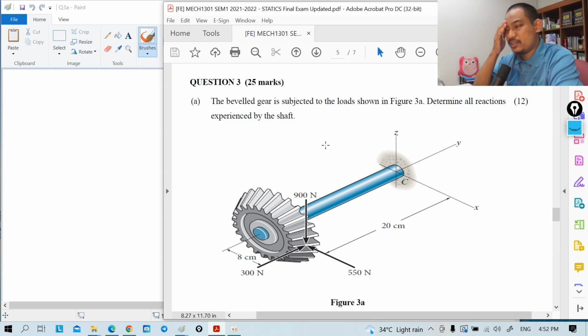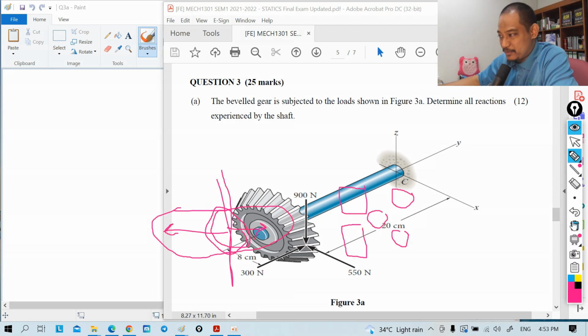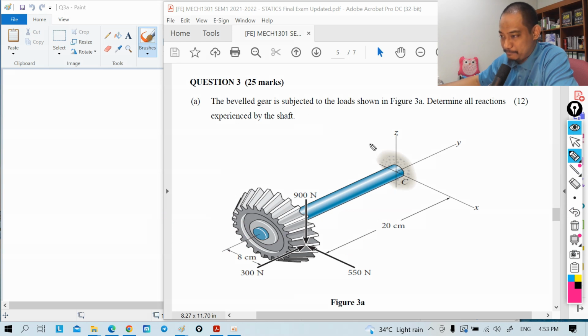Okay, this is quite an interesting question, because it is another question that can look intimidating. Some students will be scared by looking at this, but it's actually not difficult once you go into it. So for the understanding first, the question simply says you have this one, and this is a fixed support, right?